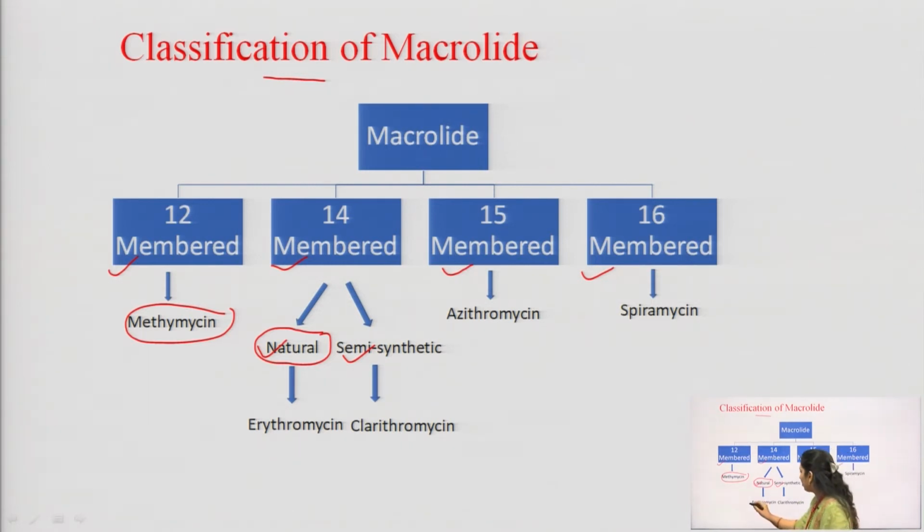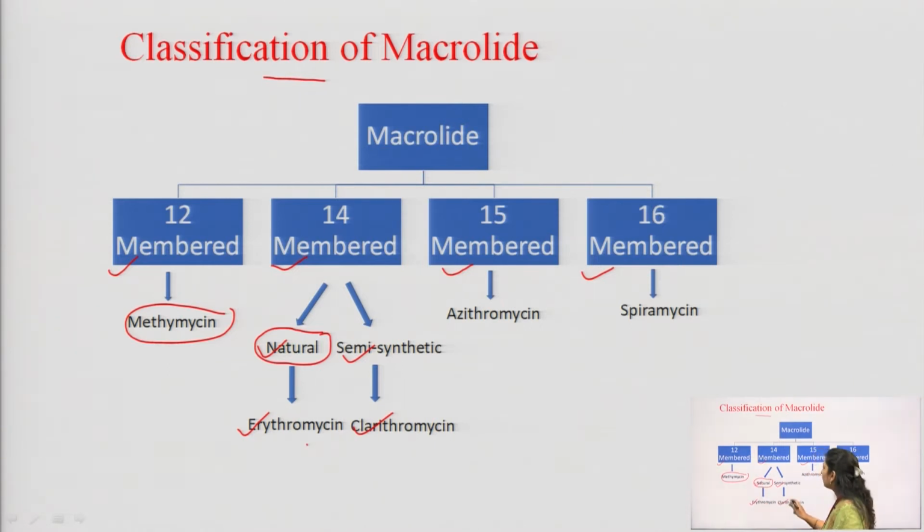Here we see the example of erythromycin. In the same way, there is a semi-synthetic category of macrolides in which there is an example of clarithromycin. So, here we see that methymycin has 12 atoms.